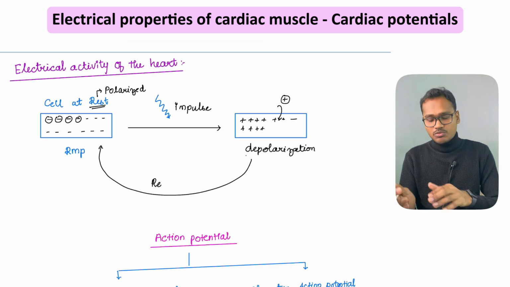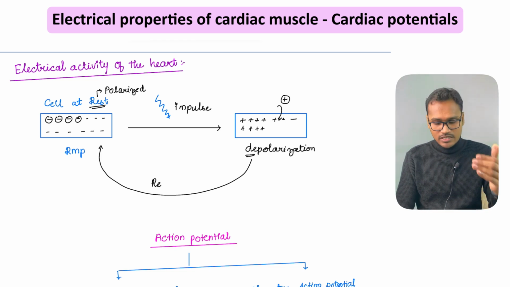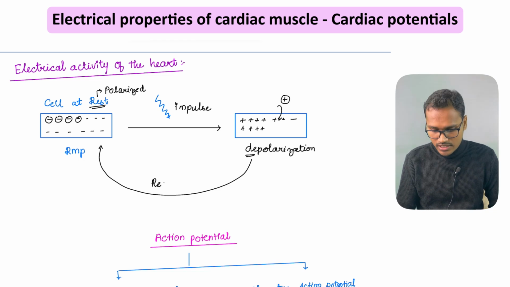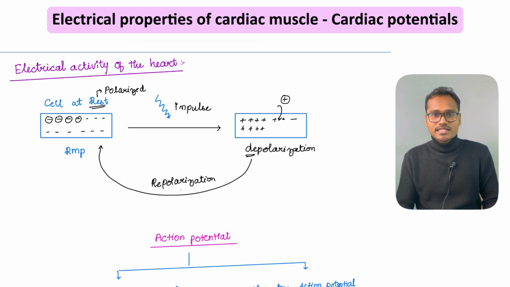Now it has changed the polarization, that is why it's called depolarization. Now it is going back to its original state, it is called repolarization. Why is this happening? You might say an entry of negative charges can cause repolarization, and obviously it can, but most of the times it is the exit of positive charge.